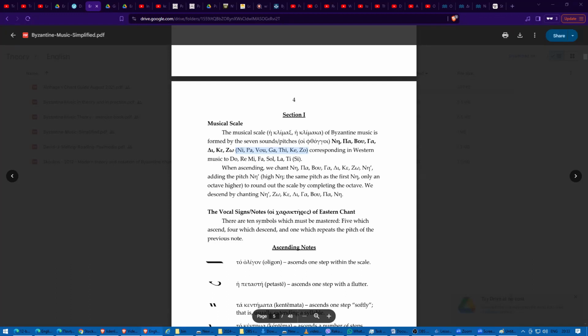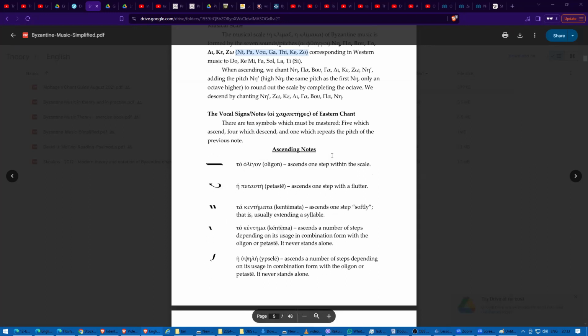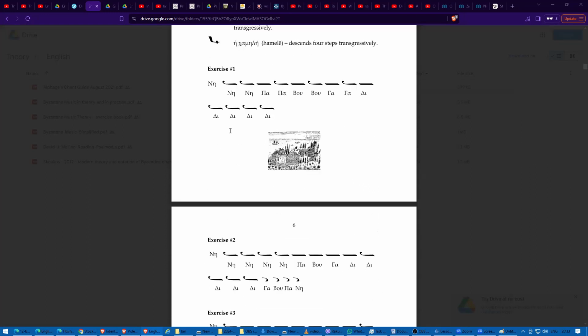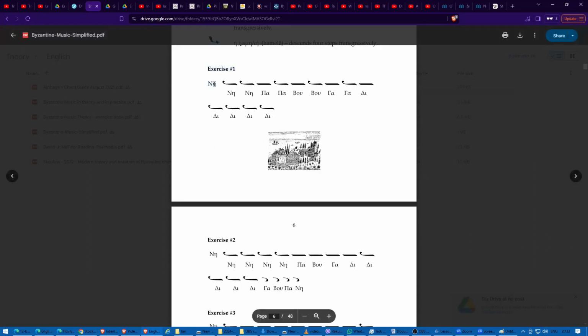Any questions? The first note that we see, the symbol, for example, the ni there. Is that the first note? So if the symbol is oligon, do we go straight to the oligon of ni, or do we start with ni? So we will go to the oligon in this case.